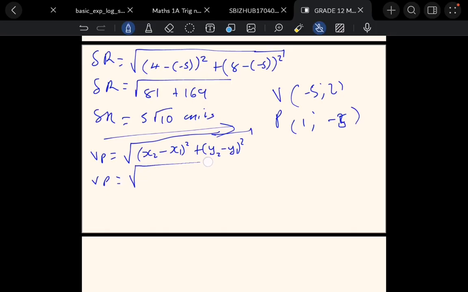Whether you take this as x1 or as x2, the answer is still the same. x2 is 1 minus negative 5, plus y2 which is negative 5 minus negative 2, all squared.